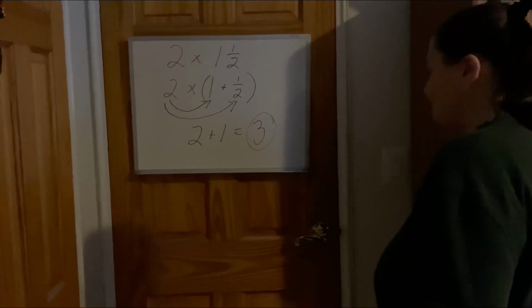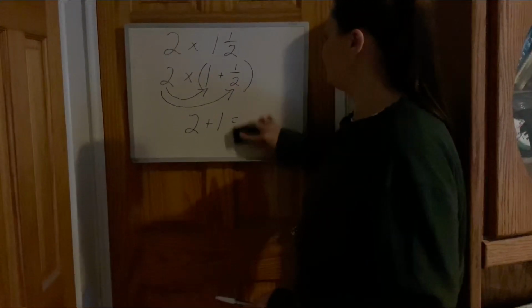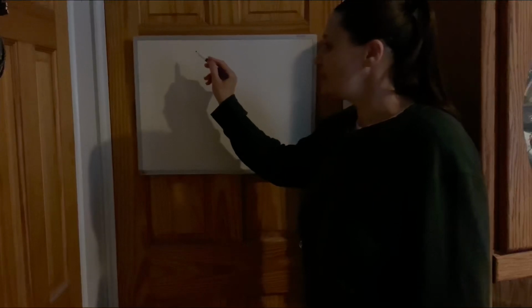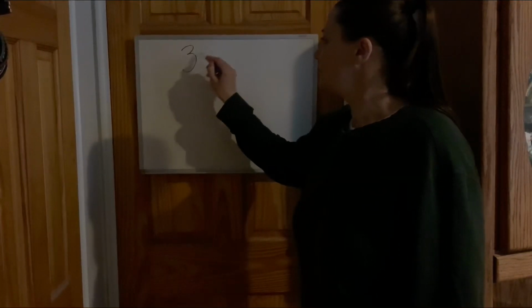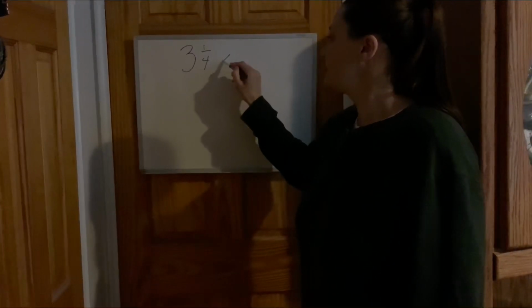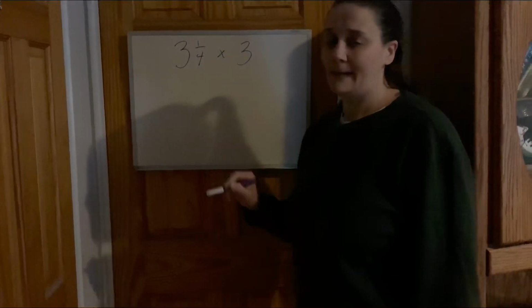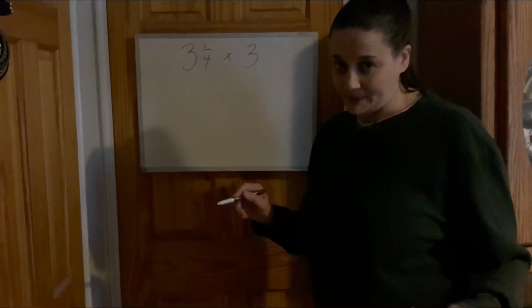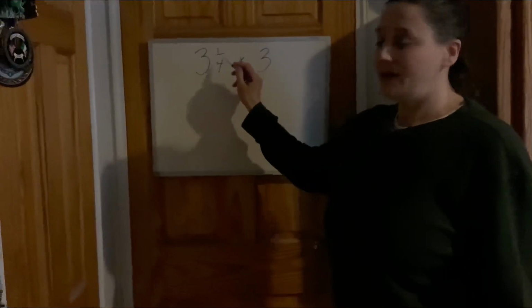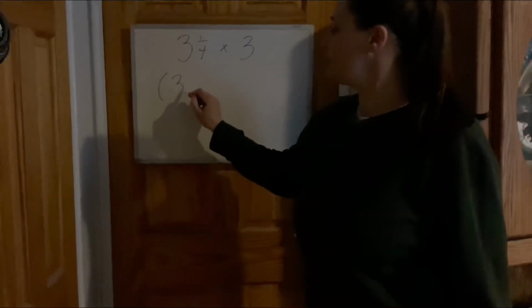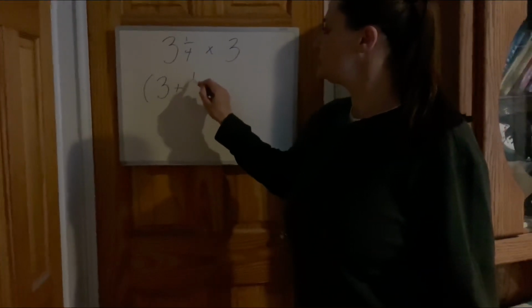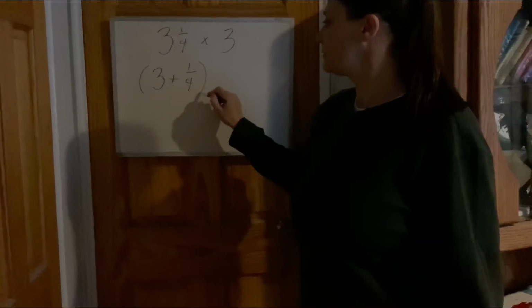Now I'm going to show you the other example, the same one we did before, but using the distributive property method. So I think it was 3 1/4 times 3. And the order doesn't matter, right? But this is the way it was. So 3 1/4 is 3 plus 1/4.